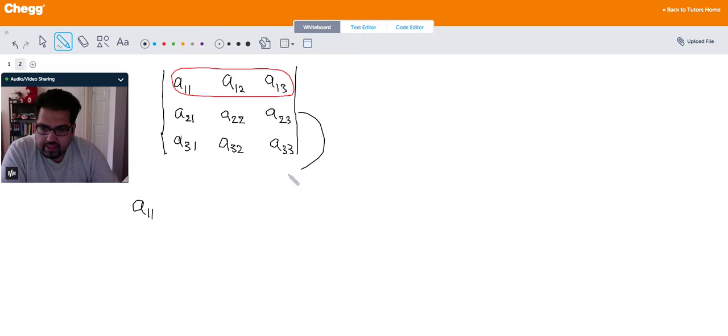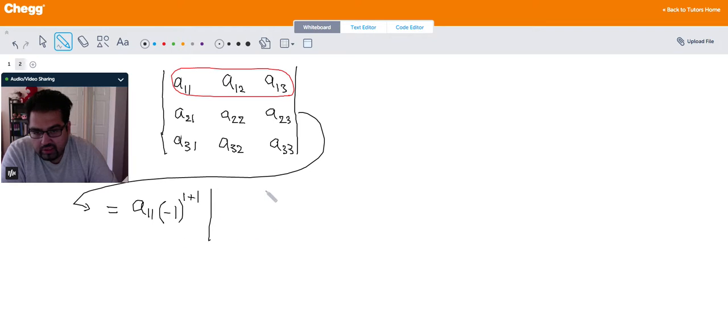So this is basically equivalent to A11, then I'm going to write negative 1 to the power of the sum of the row and column of that element, so 1 plus 1.